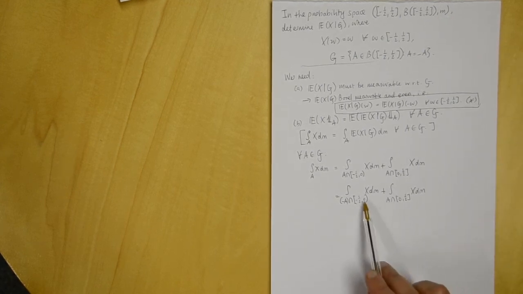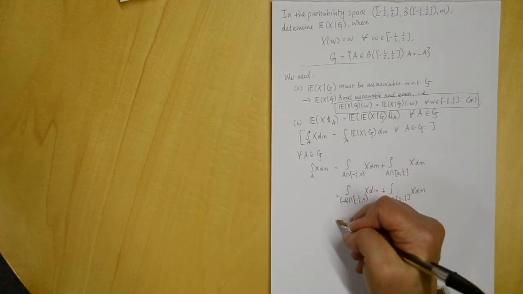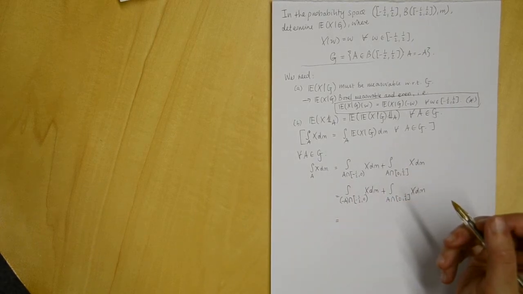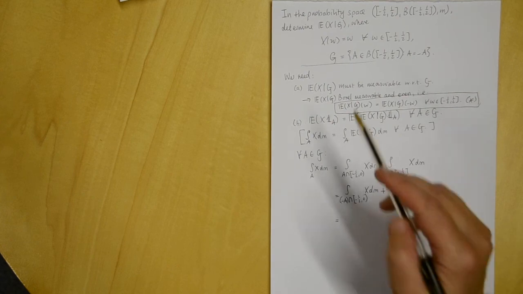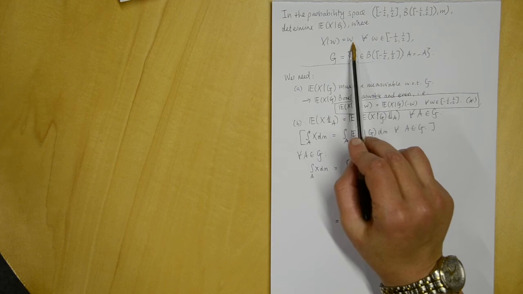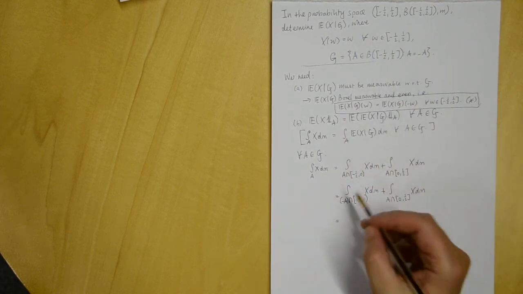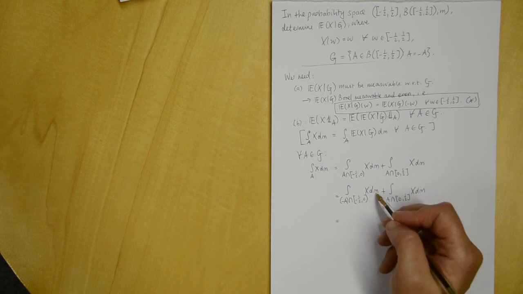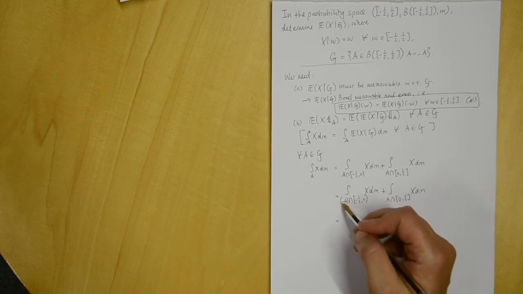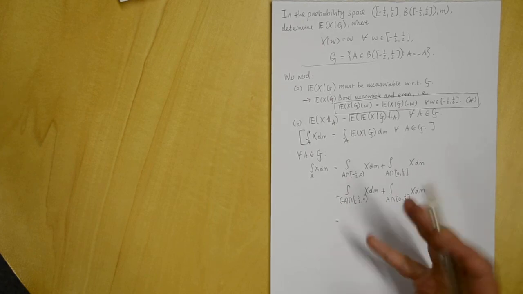So the values of these integrals are exactly the same whether we include this point or not, particularly because X is continuous. Now you can notice that X of minus omega is just going to be minus omega, which is equal to minus X of omega. If we integrate this, the Lebesgue measure doesn't care whether we're taking the measure of this set or minus this set, it just measures the length.